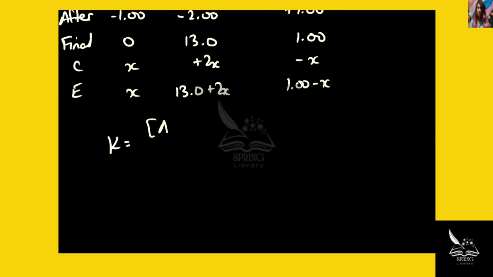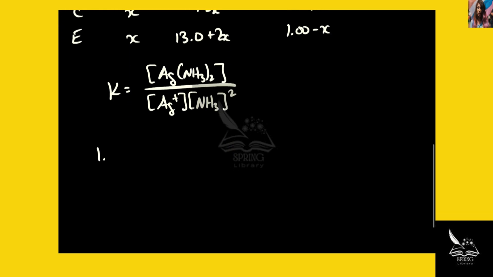Our equilibrium constant here is equal to the concentration of Ag(NH3)2+ over the concentration of Ag+ times NH3 squared. Let's plug in our values here. The equilibrium constant, 1.7 times 10 to the 7, we calculated previously.